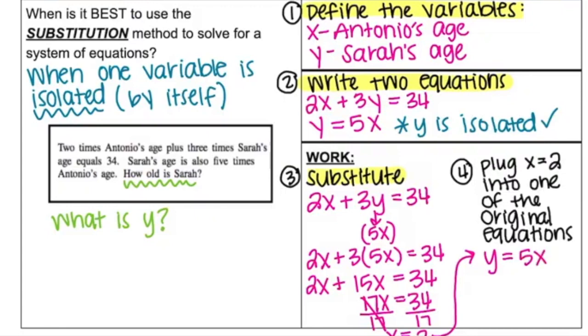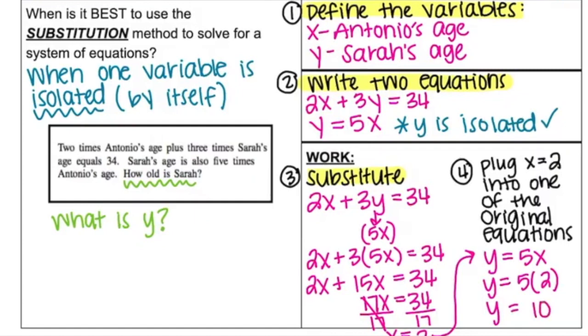You could plug it into the first equation. You'll get the same answer either way. It doesn't matter which equation you plug it into, but I'm picking the second one because I want to know what y is, and y is already by itself right here.